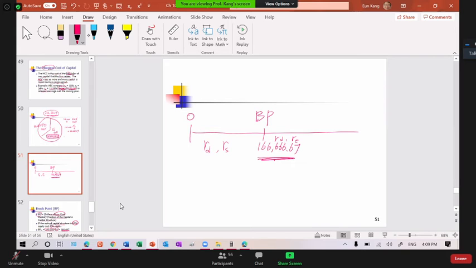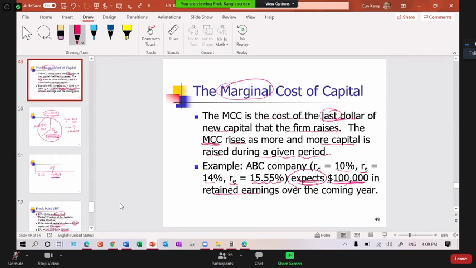So the point is this. In this example, it's very easy to think that since you expect 100,000 in retained earnings, after 100,000 you have to issue new shares. Wrong.